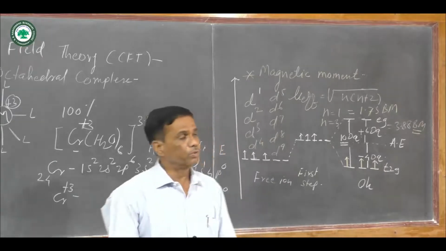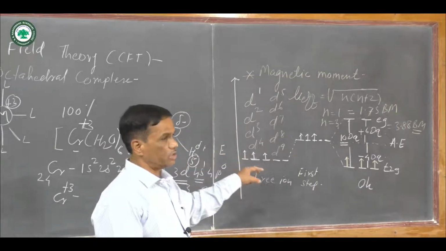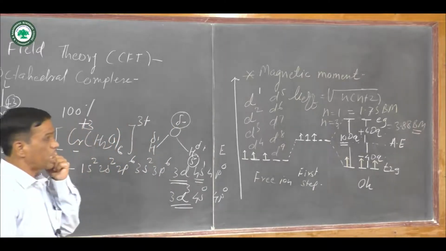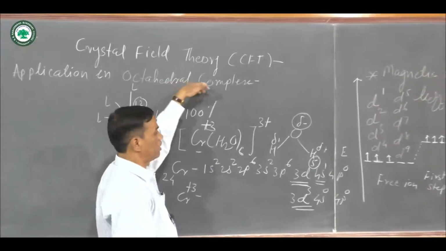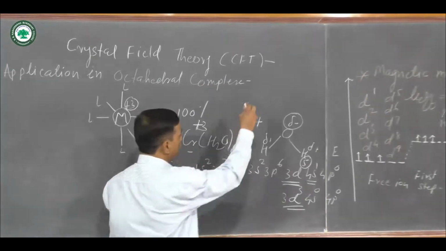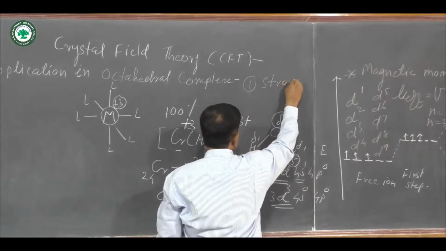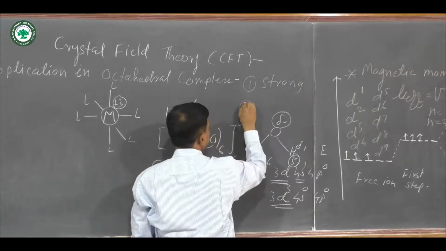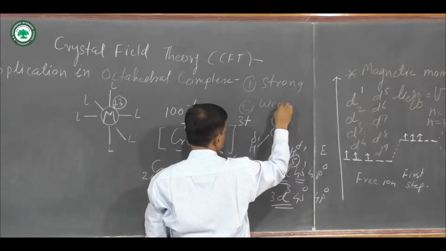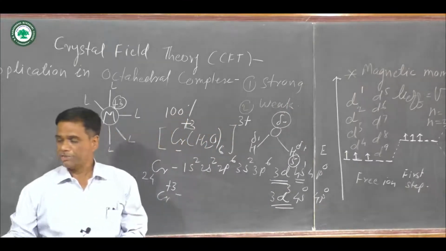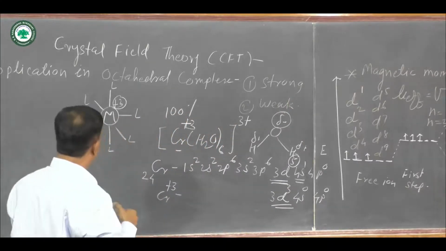Like that, you can calculate in various octahedral complexes, and actually there are 2 types of splitting that occur in octahedral complexes. One is known as strong field and the second is known as weak field.